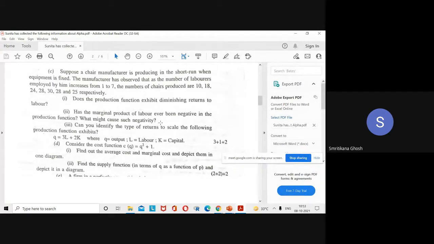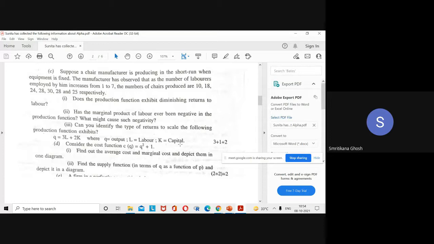Okay, now I'm going to question number 3. Can you identify the type of returns to scale the following production function exhibits? A particular production function is given to you where Q is the output, L is the labor, K is the capital. Then how can you do that? Give me the idea. I have done one thing in my class. You have to identify the type of returns to scale.